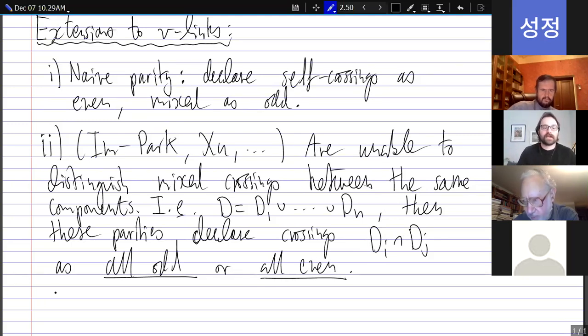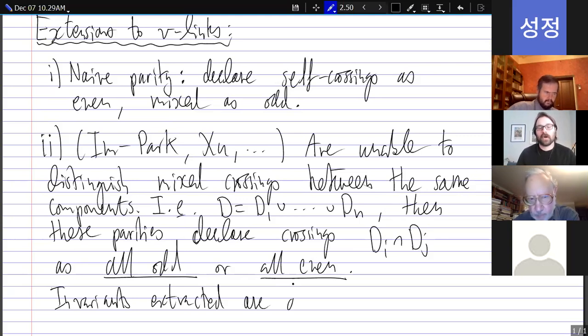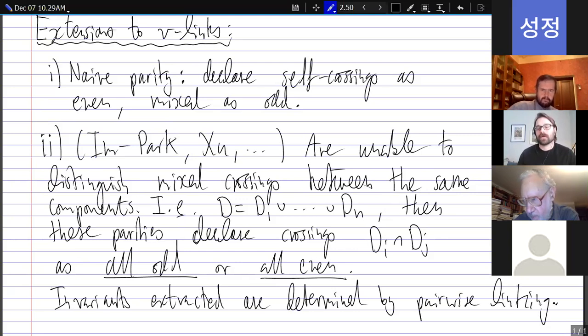And what this means is that invariants extracted are determined by the pairwise linking numbers. So as we mentioned, the paper, a self-linking invariant of virtual knots by Kauffman, in which the odd writhe is defined, and this is a sum of all the odd crossings of a diagram, shown to be a virtual knot invariant.